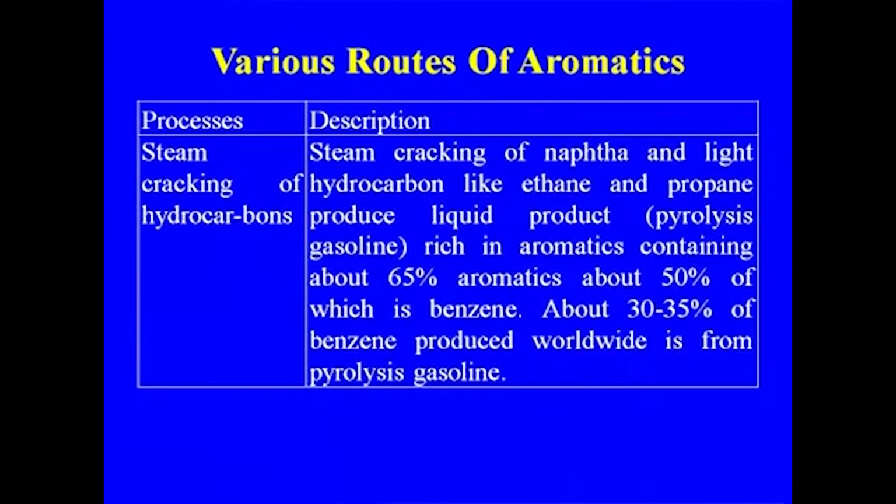Steam cracking of naphtha and light hydrocarbons like ethane and propane produces a liquid product, pyrolysis gasoline, which is rich in aromatics, containing about 65% aromatics, about 50% of which is benzene. About 30 to 35% of the benzene produced worldwide is from pyrolysis gasoline.